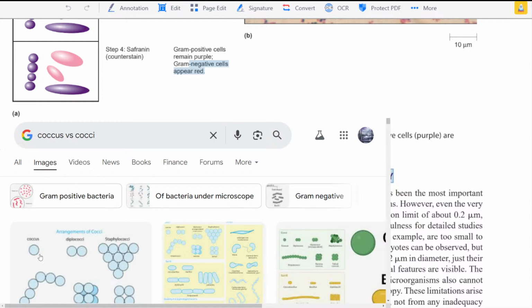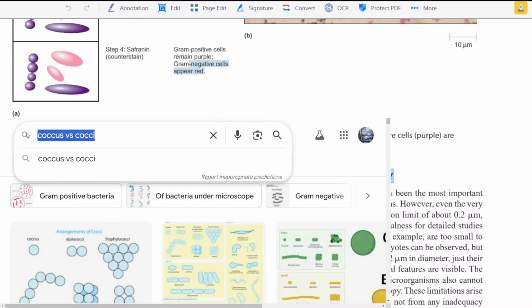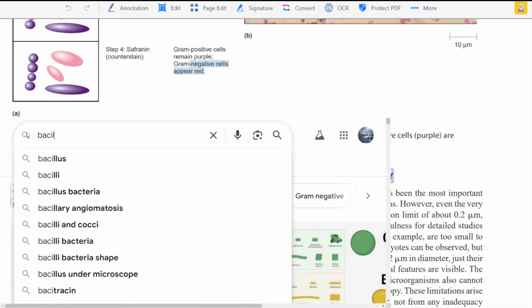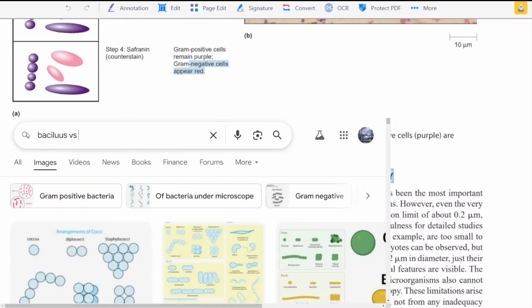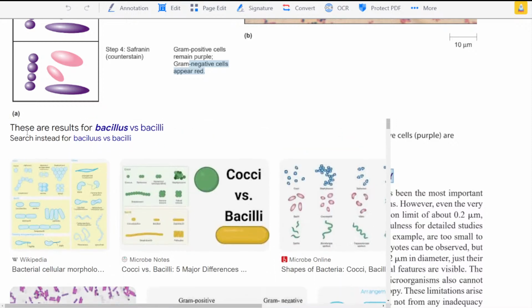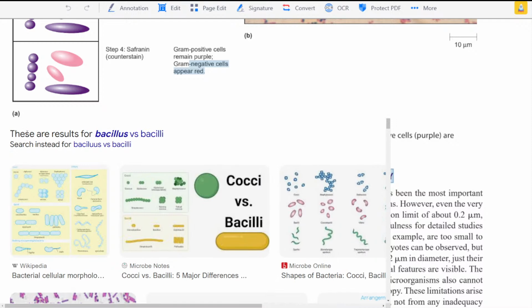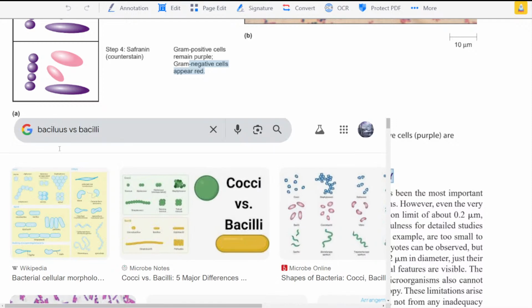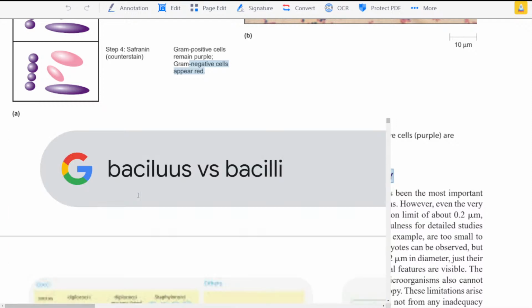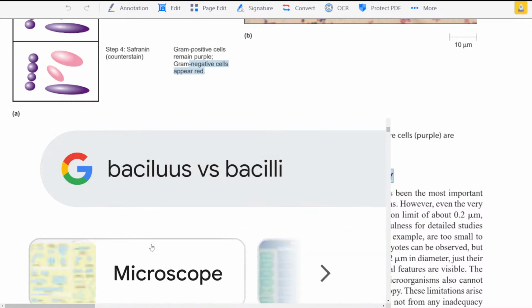Oh yeah, coccus singular, cocci plural. Guys, sometimes you suddenly don't know which one's plural and which one's singular. Wait, if coccus is singular, that means bacillus is singular as well. Okay, well, we get it.